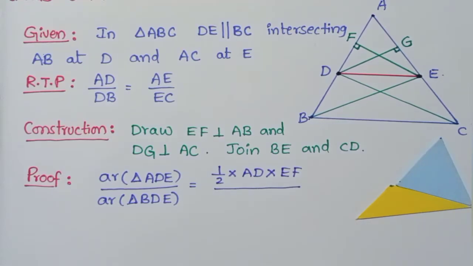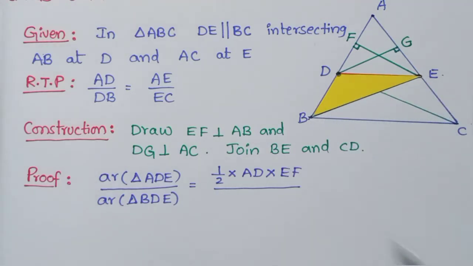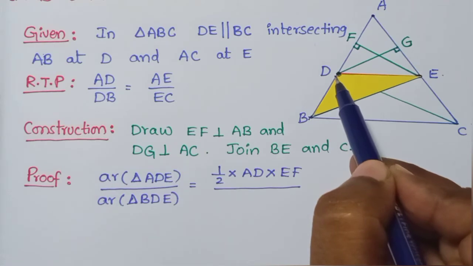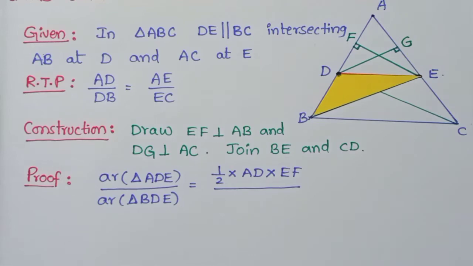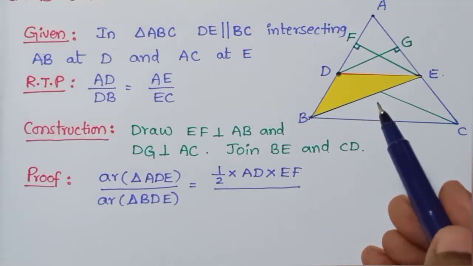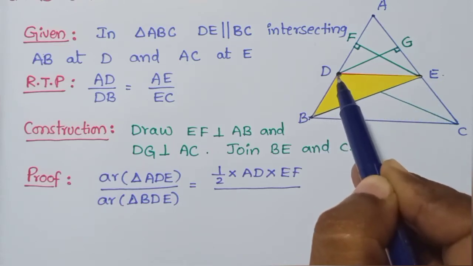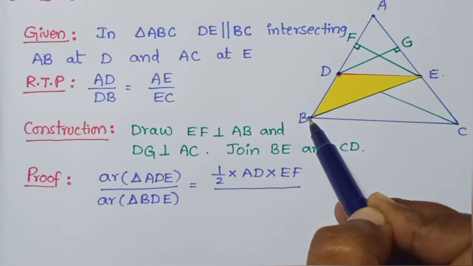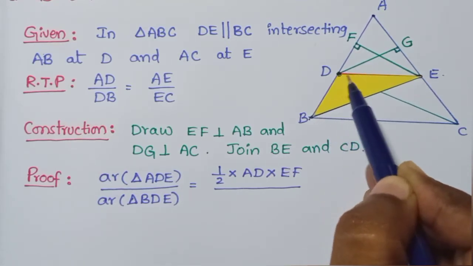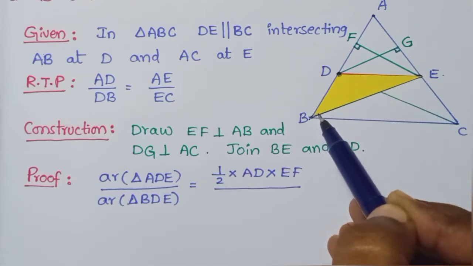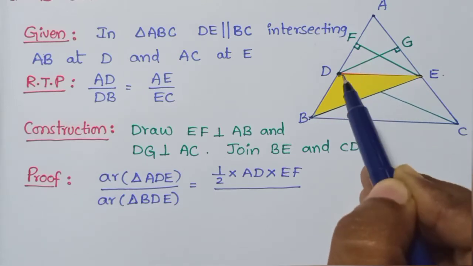divided by area of BDE. BDE, this is the triangle. For this triangle, we have to consider the base BD and what will be the height. This is the most interesting thing, students, here. For the triangle BDE, if you consider the base as BD, height will be EF because this is an obtuse angle triangle and the height of the obtuse angle triangle will lie outside of the triangle.